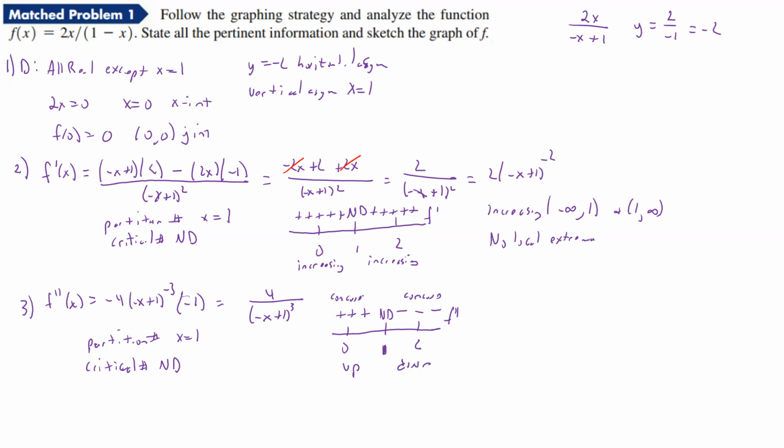Now, if this had been a 0, we'd have an inflection point because it would be going from positive to negative. Because there's no derivative at that point, we can't say that. And so what we can say is it's going to be concave up from negative infinity up to 1, and concave down from 1 to positive infinity.